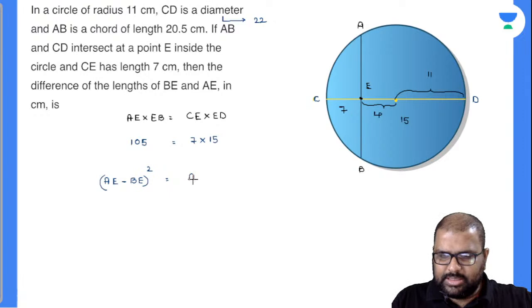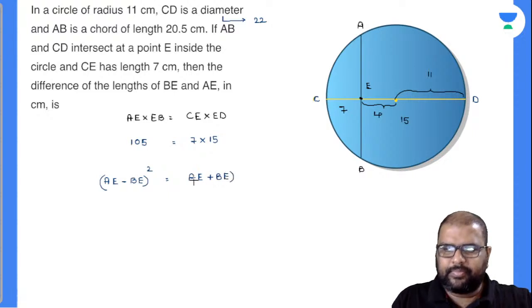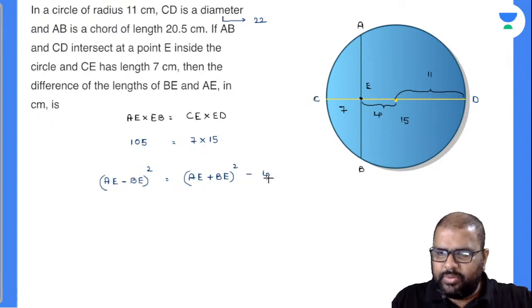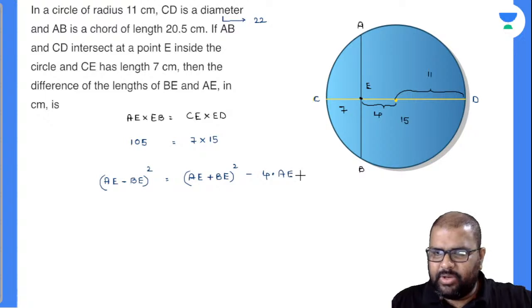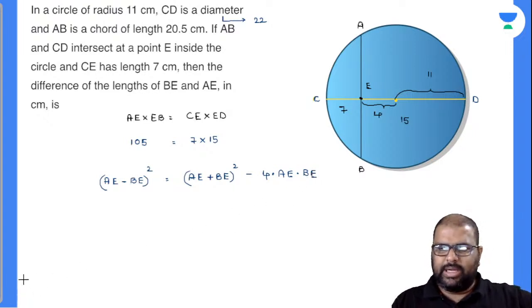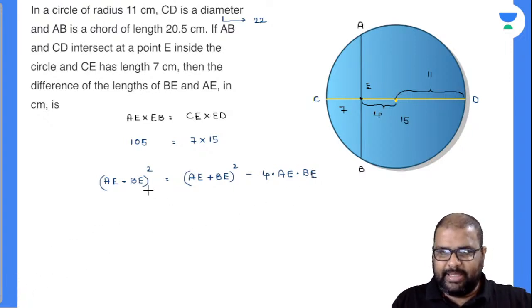Can I write this as AE plus BE whole square minus 4 into AE into BE? Will you accept that? Which becomes AE square plus BE square minus 2 AE BE. The same formula will work there.